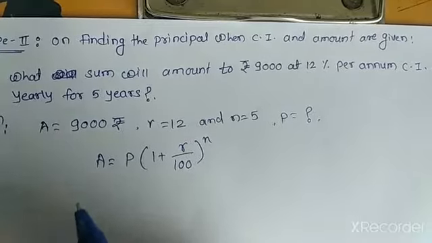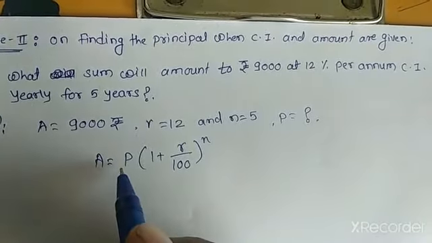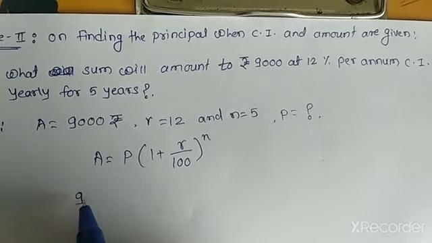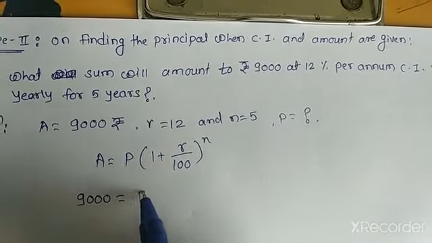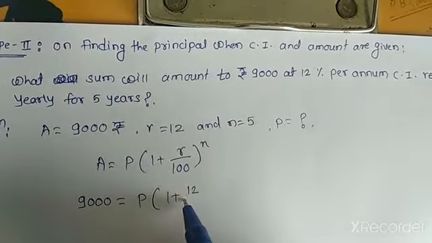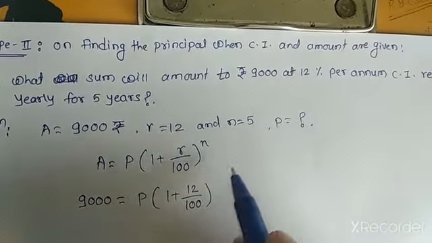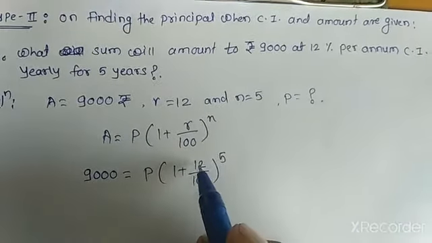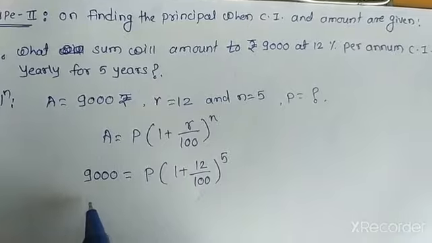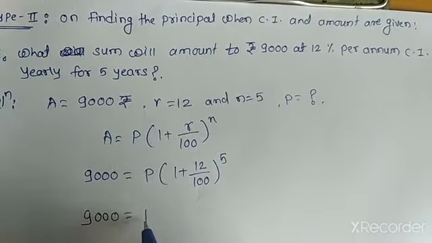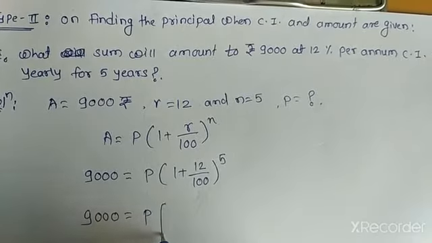So we put the values here. A is 9,000 is equal to P into bracket 1 plus R, which is 12, upon 100 raised to N, which is 5. So it gives us 9,000 is equal to P into bracket.